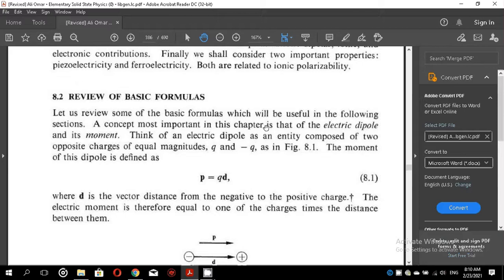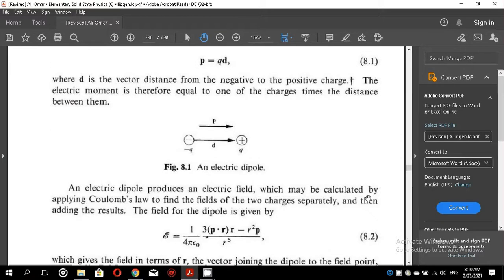The moment of this dipole is defined by this equation. Moment is represented by the vector p, which is equal to q times the displacement d, where d is the vector distance from the negative to the positive charge. The electric moment is therefore equal to one of the charges times the distance between them.